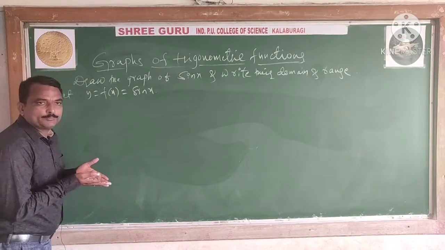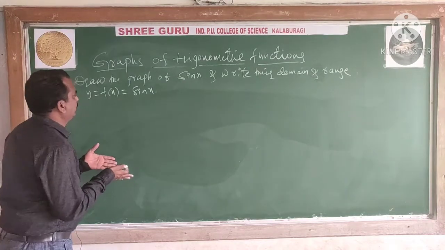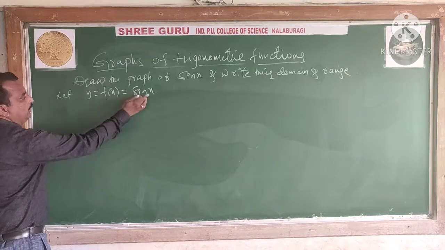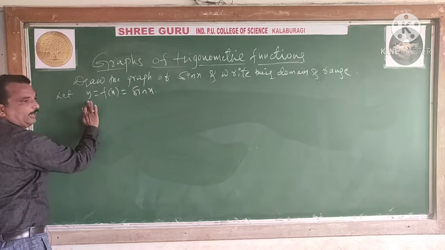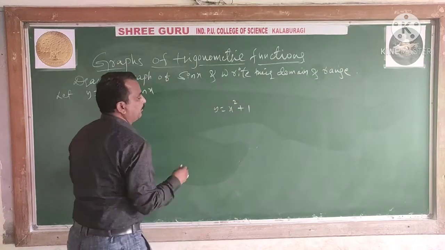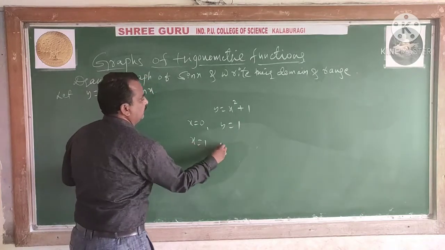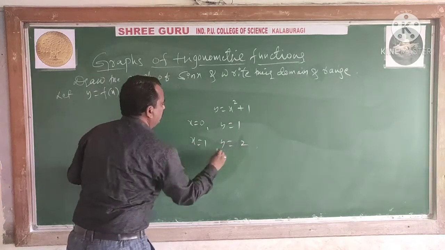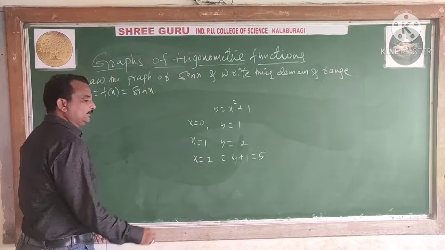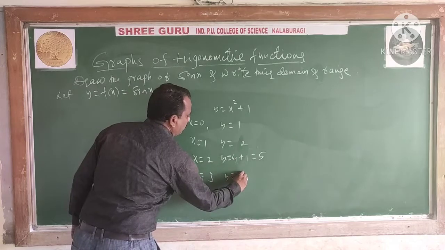Here the x value is the domain, the first value, and the y value is the range, the final value. We give values of x and calculate y. Suppose y is equal to x square plus 1: x equal to 0, y equal to 1; x equal to 1, y equal to 1 plus 1, 2; x equal to 2, 4 plus 1, it is 5; x equal to 3, y equal to 9 plus 1, 10.